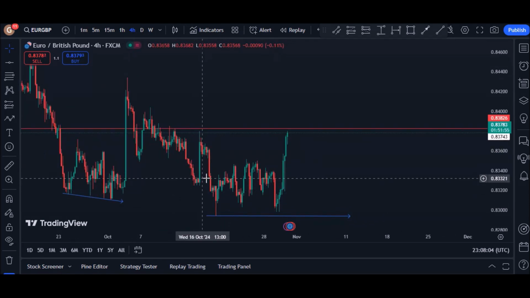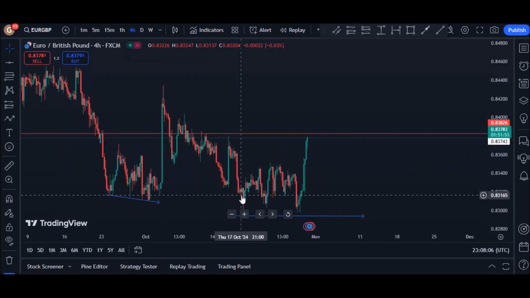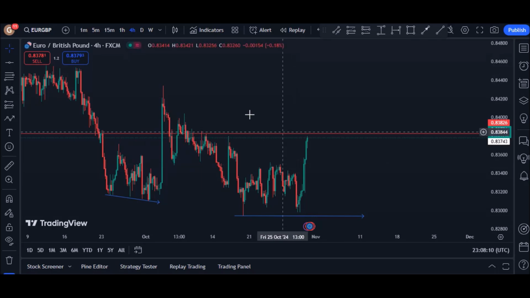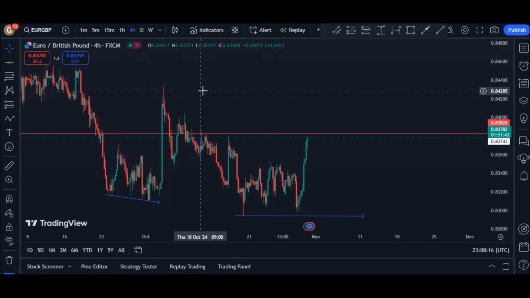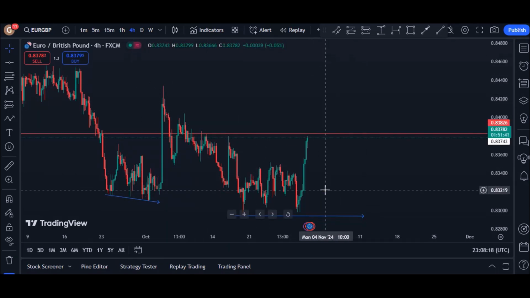So what I did was, I should have entered either here or here, but my stop loss is going to be huge since this is for the H4 chart.